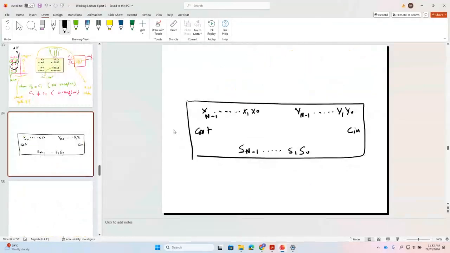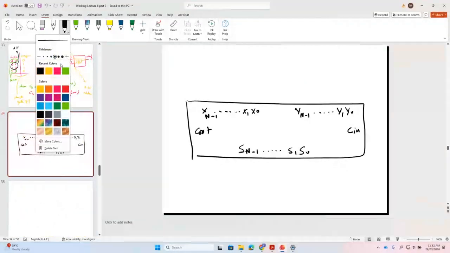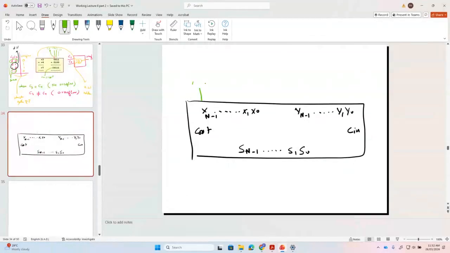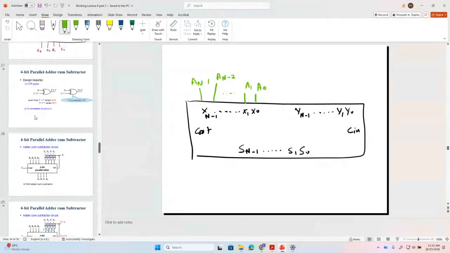A will be the same. So this is actually A n minus 1, then A n minus 2 and so on until A1 and A0.